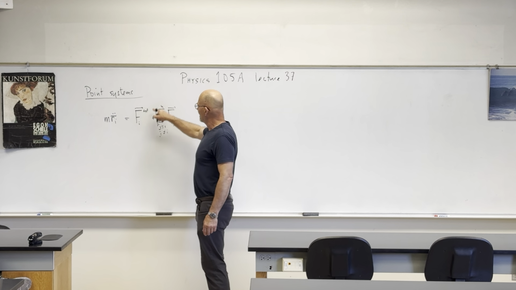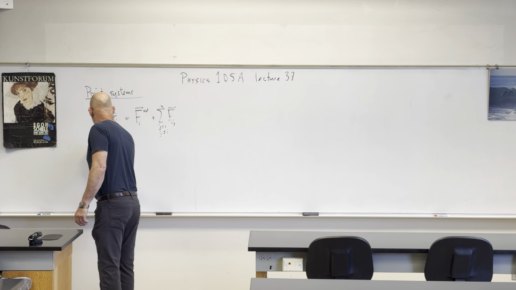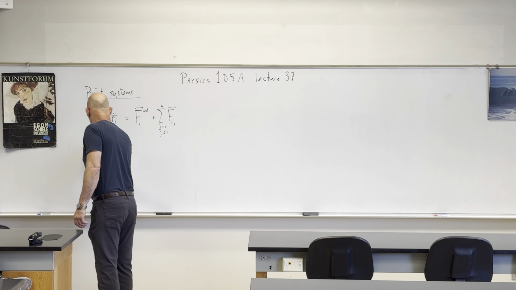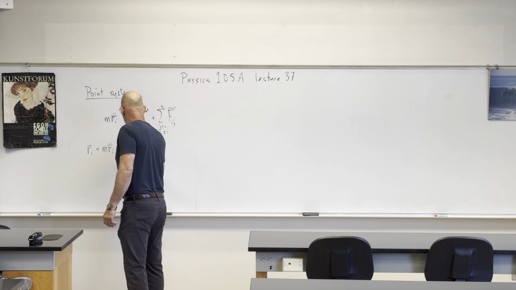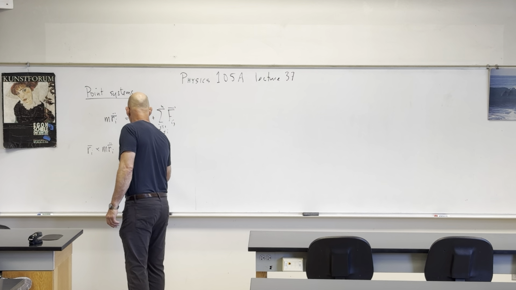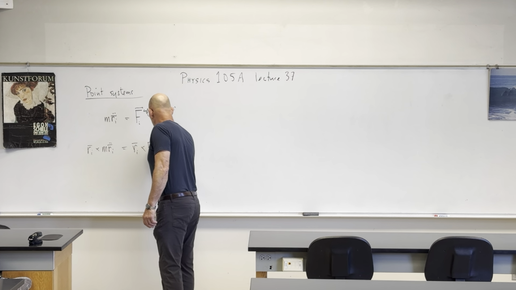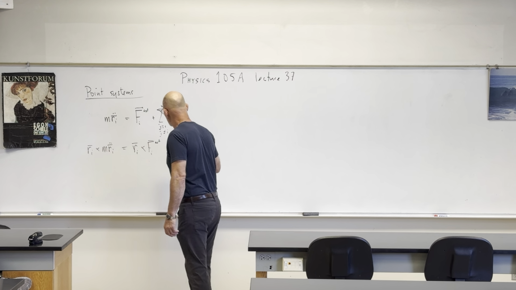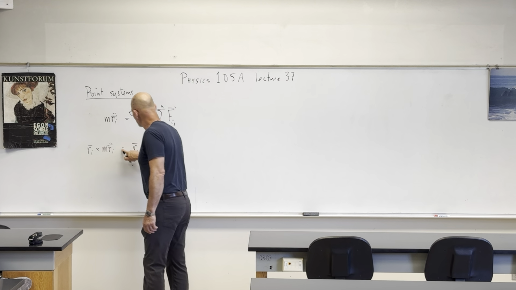So back to this one here. This time we cross multiply r sub i cross m r sub i second derivative, and cross multiply like this as well. So the one is equation 1 and this is 2.